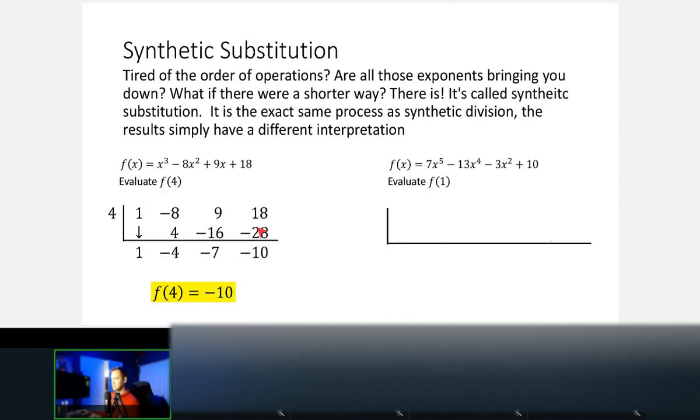So same idea, same setup, just a different way of looking at it. When you plug this in, the number at the very end is the answer, as if you were to take this 4 and plug it directly in and simplify.